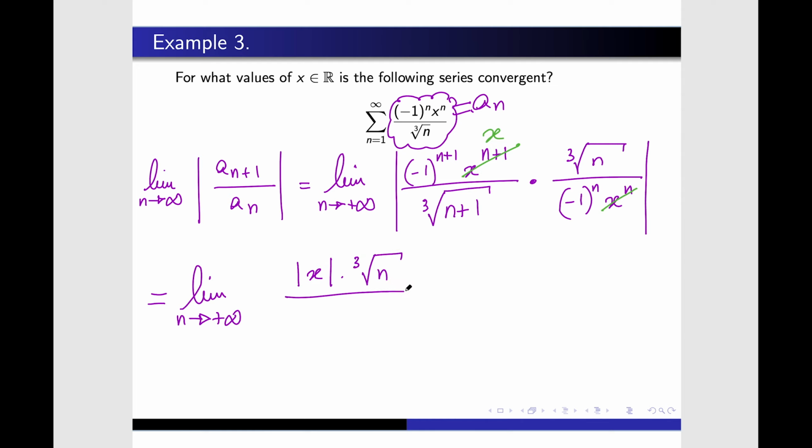Because it's positive, I'm going to just put it outside the bars immediately. And where does this go as n goes to infinity? This is going to 1, right? Let's push out the absolute value of x, because it's independent of n. This would be a constant with respect to n, so you can push it outside the limit, and you get this limit.